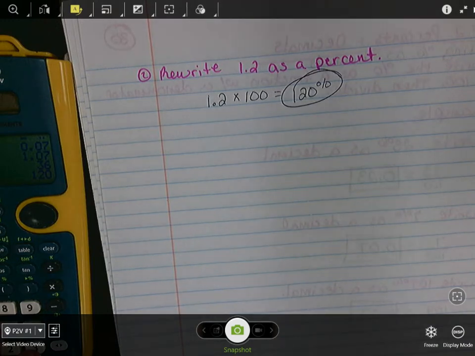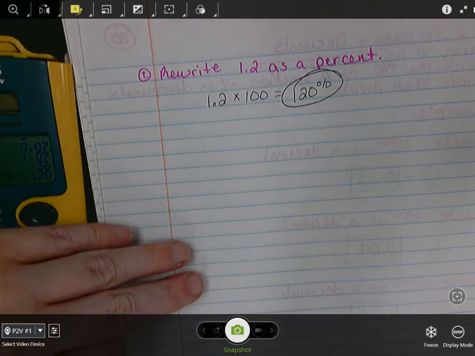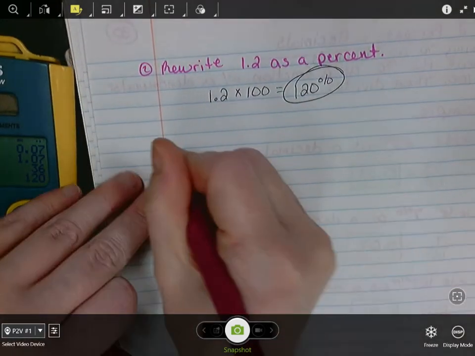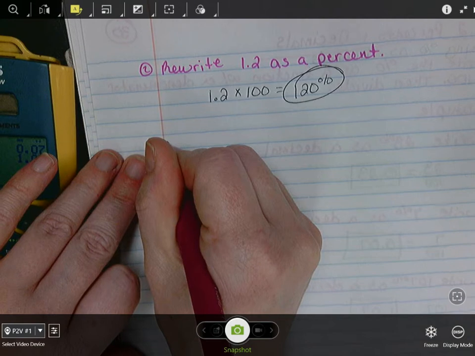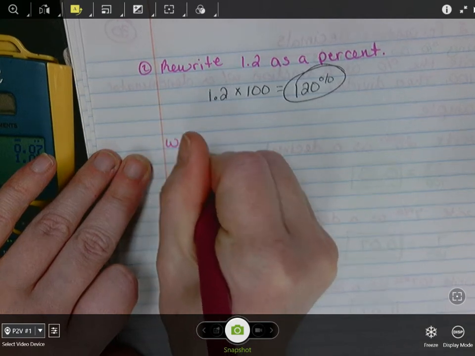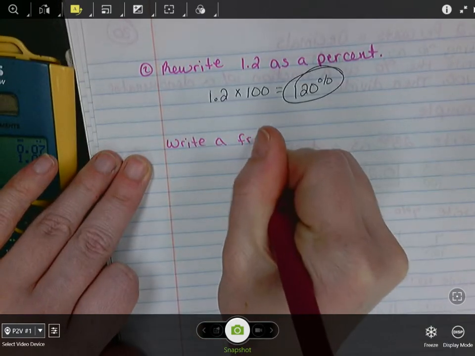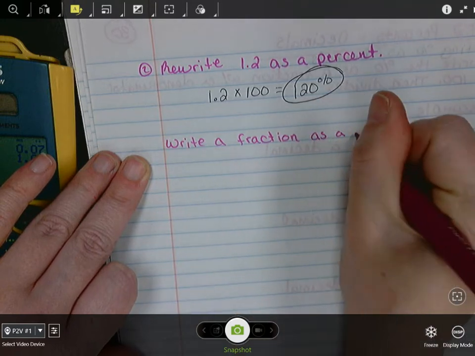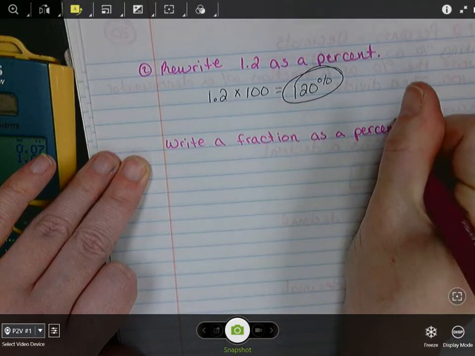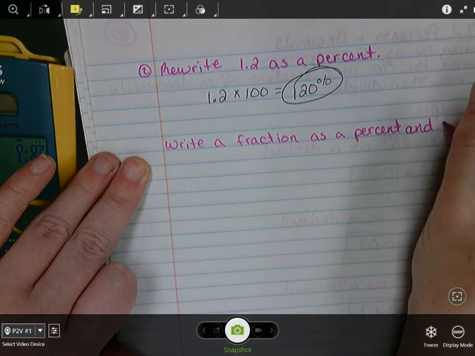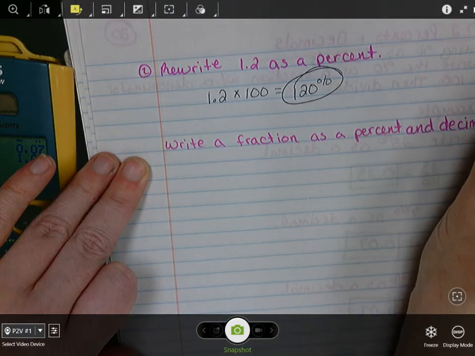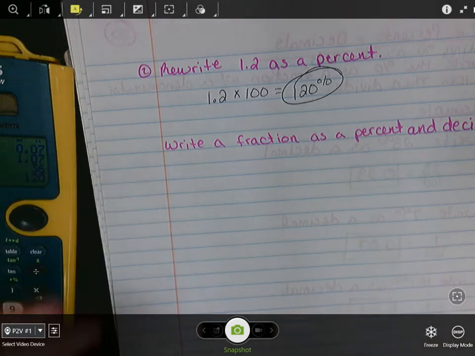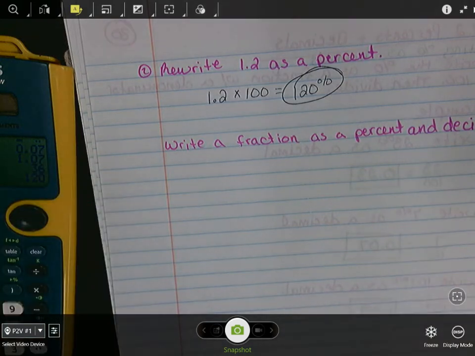Okay. All right, let's say you want to rewrite a fraction as a percent and decimal. Okay. So write a fraction as a percent and decimal. Okay.